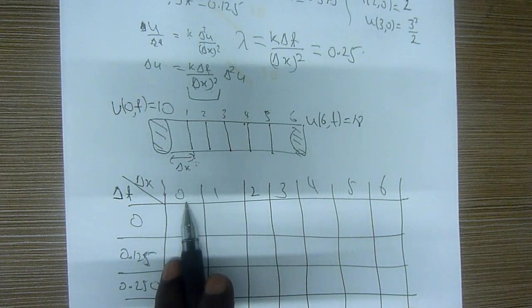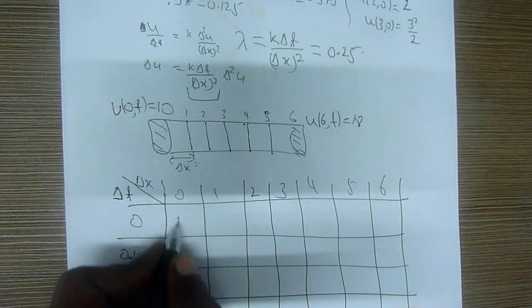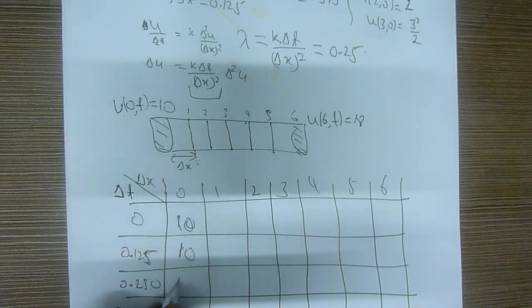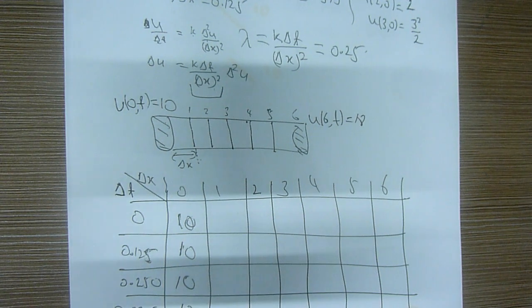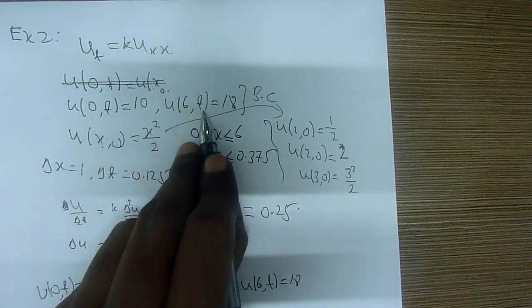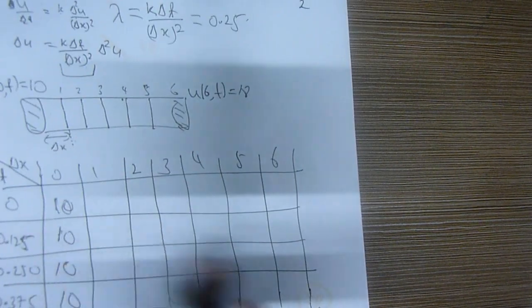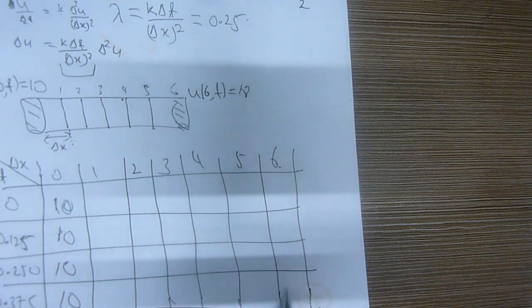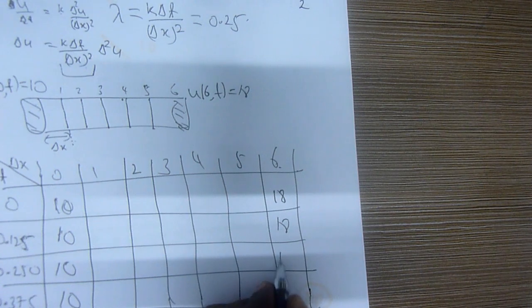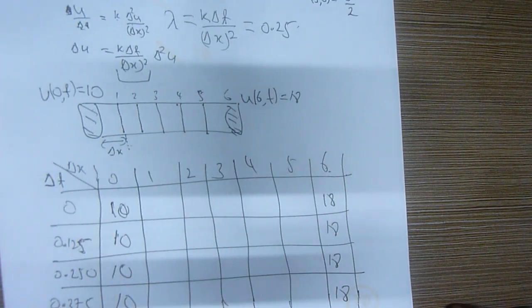If x is 0, the whole thing must be 10. Done. If x is 6, it must be 18. All must be 18. You must fill up this first. You cannot fill up other.